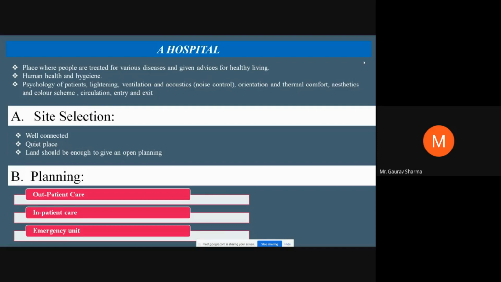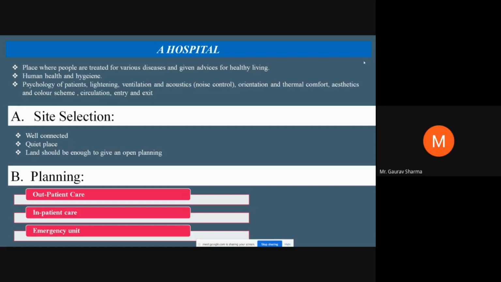These three sections are generally outpatient care, or outpatient department, inpatient care or inpatient department, and emergency unit. So we have three different classes of planning, or we can say that overall planning has been divided into these three sections. Outpatient department or outpatient care is sometimes more popularly called OPD.